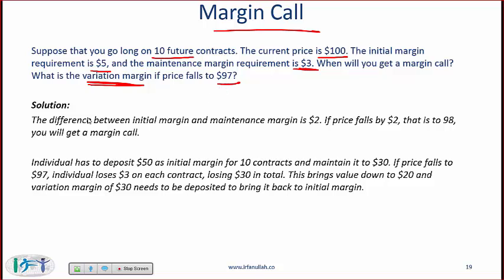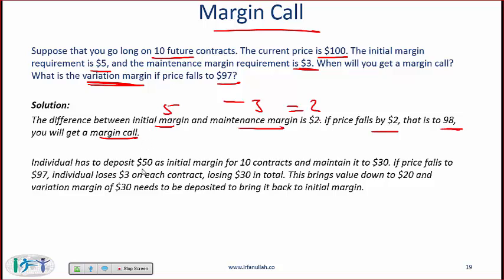So note that the difference between the initial margin of 5 and the maintenance margin of 3 is 2. If the price falls by 2, so to 98, given that we started at 100, you will get a margin call.